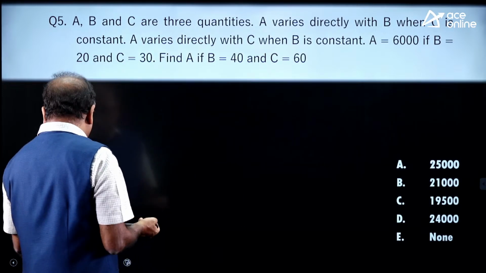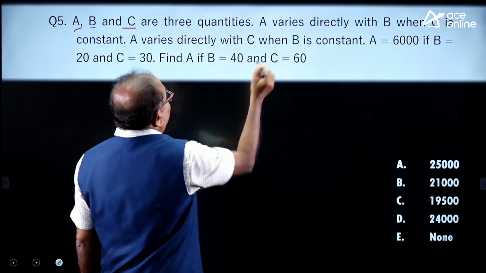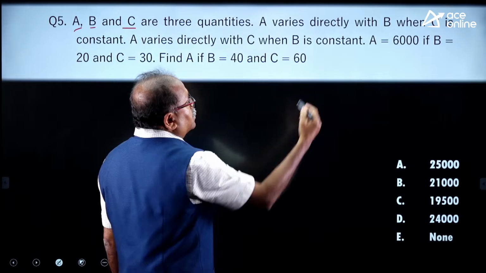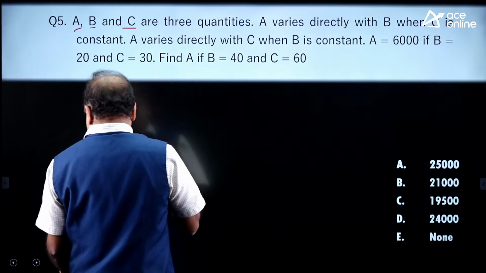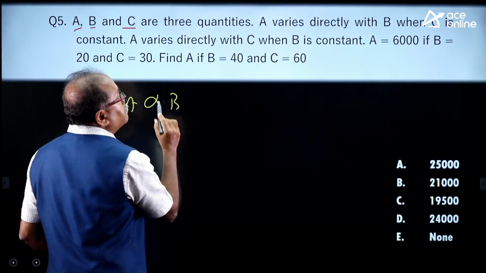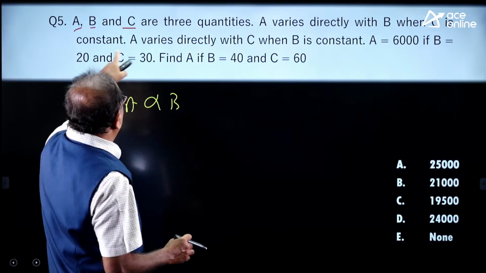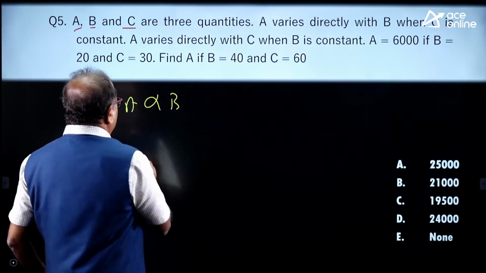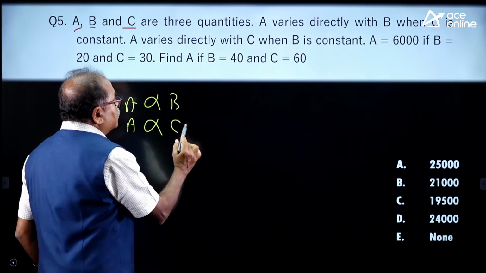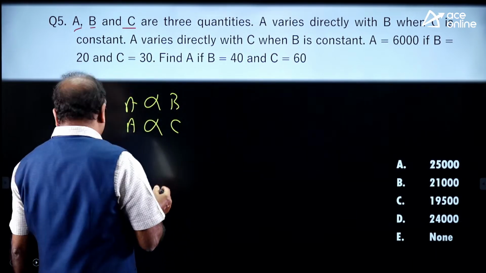So let's answer this particular question. Here, A, B and C are 3 quantities. A varies directly with B when C is constant, and A varies directly with C when B is constant. So what is the formula we form by using this?